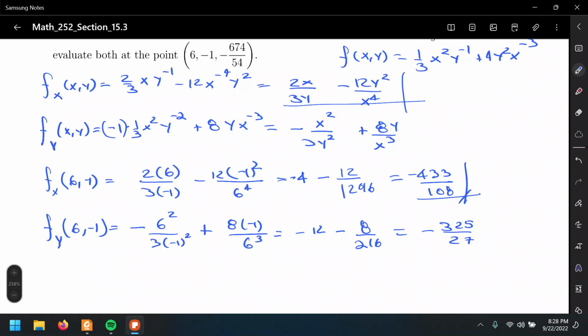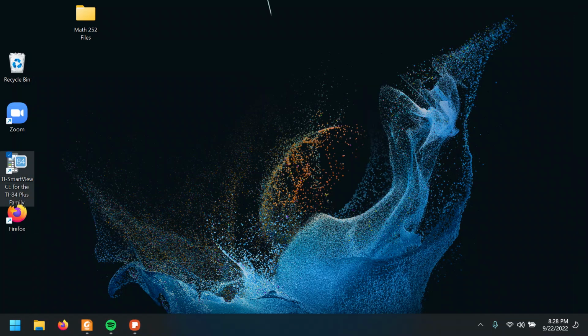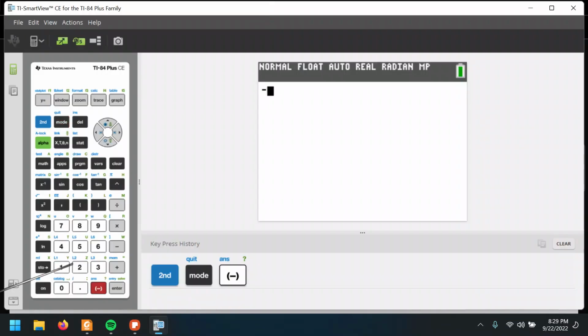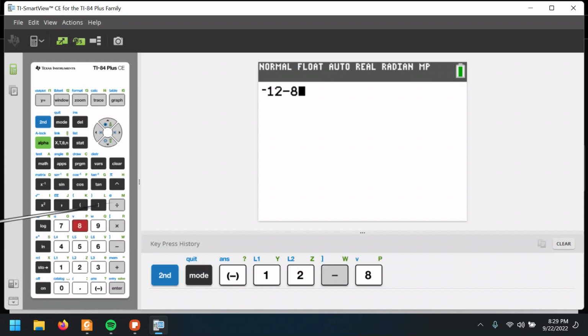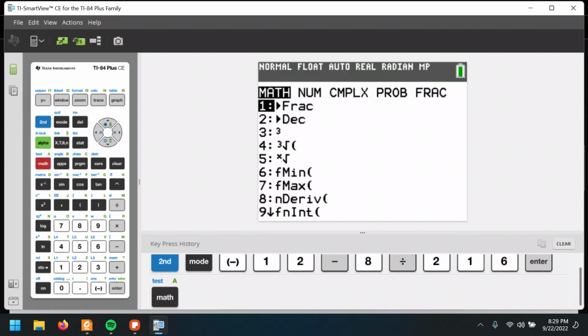So all we need to do, let me open the graphing calculator. So negative 12 minus 8 over 216. We're going to get a decimal, so then you go on your graphing calculator, math, and the very first option, highlighted, is the frac.